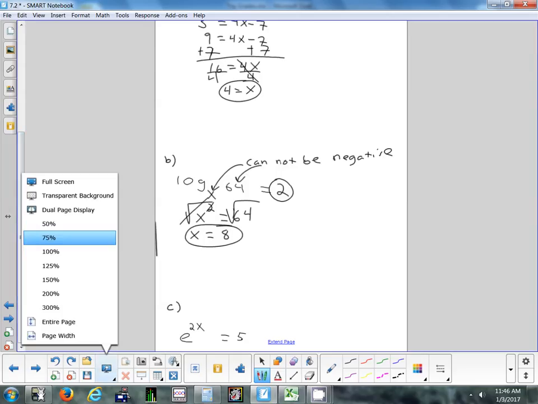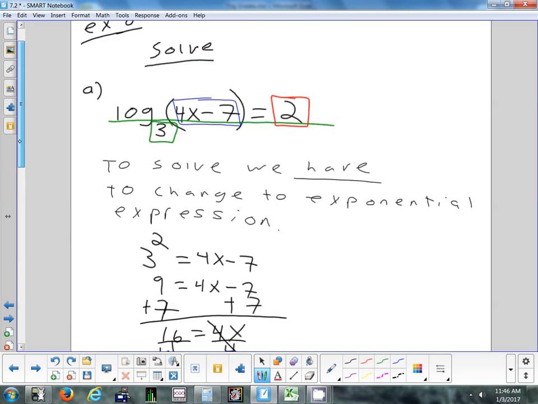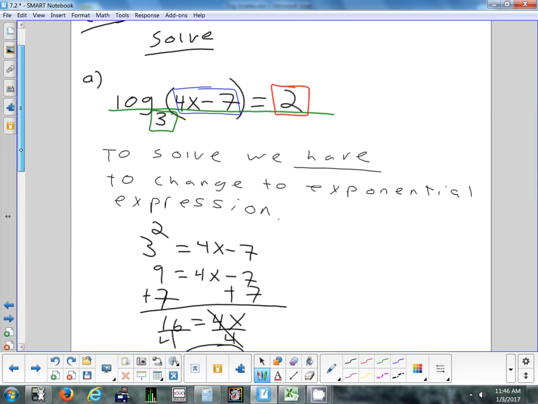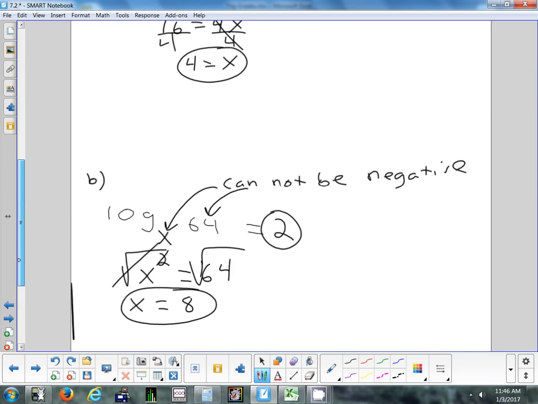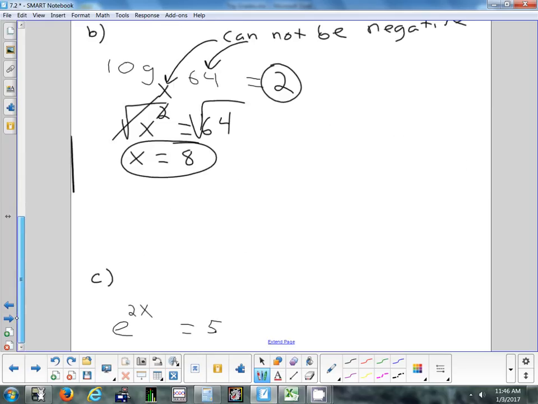I can't really get them on the screen at the same time, but there's example A, there's B, and then C is different. Does anybody see what's different about it? Okay, so we have a number and a variable in the exponent. Anything else that's different?